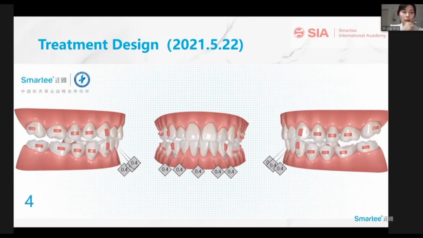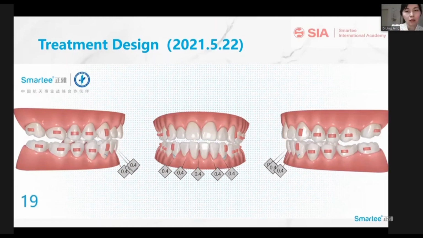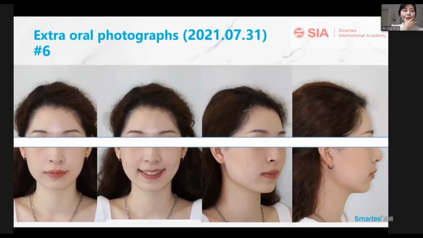Okay, this is nearly the sixth set of the new set of aligners. You can see the height of the lower third is not increased, right?